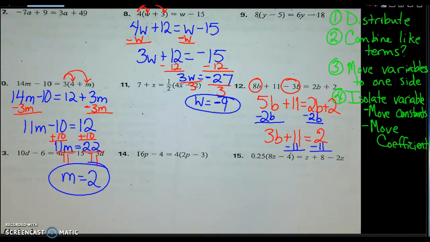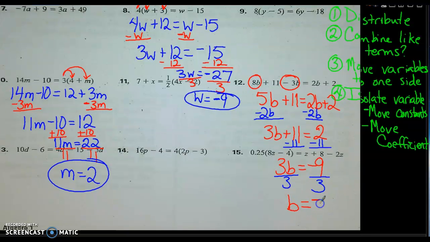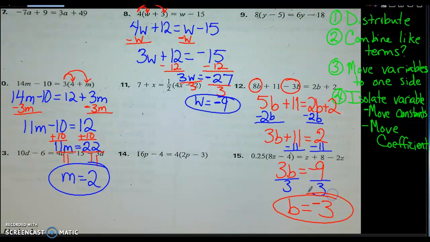Okay, when I do that, that's going to leave me with 3b equals negative 9. Now I need to divide by 3, divide by 3, and that's going to end up leaving me with b equals negative 3.